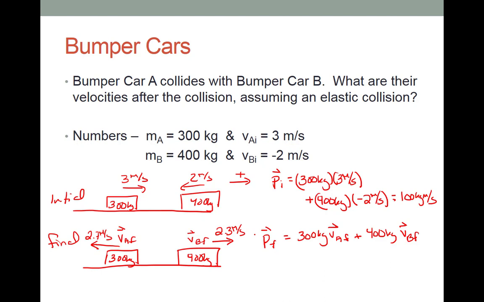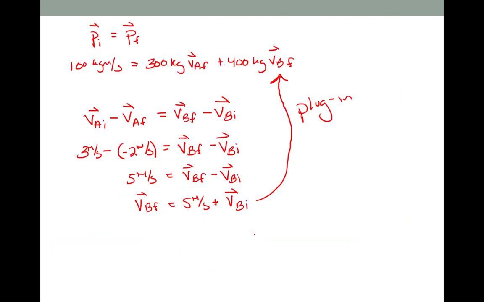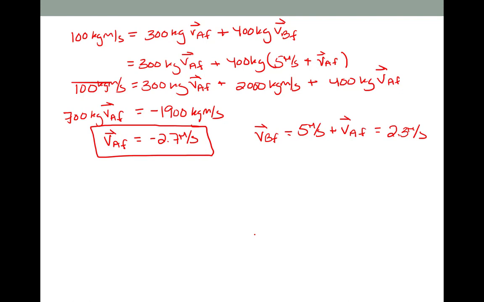Okay, now we've made the statement that this has to hold true if it's elastic. So as our final bit, let's just check conservation of energy. So 1/2 MA VA initial squared plus 1/2 MB VB initial squared.